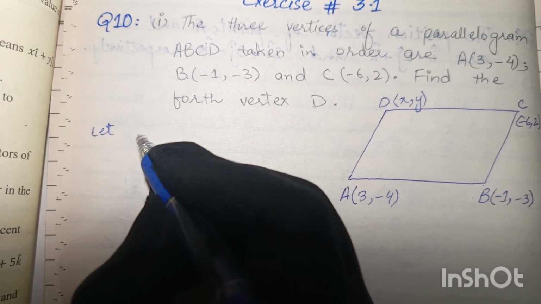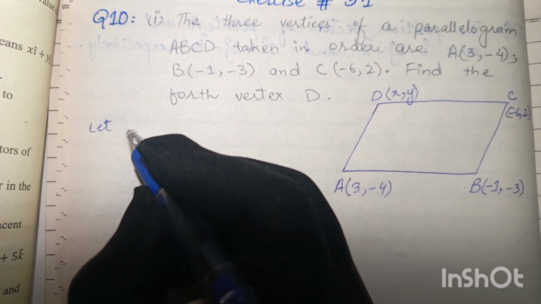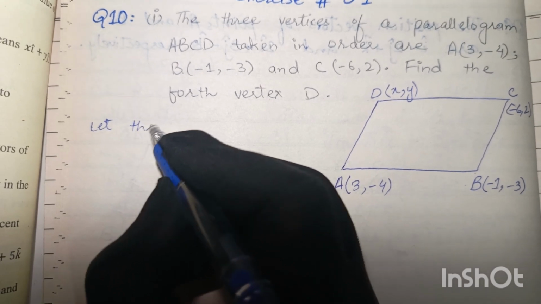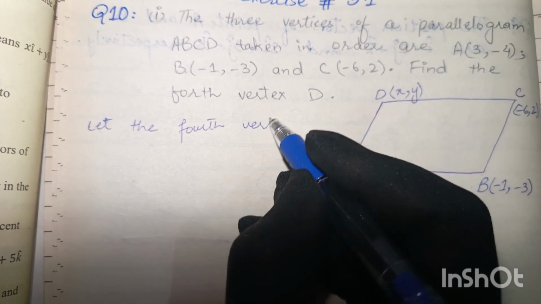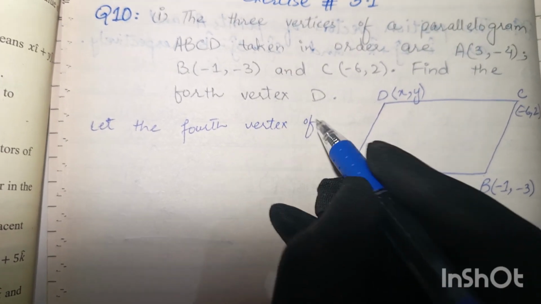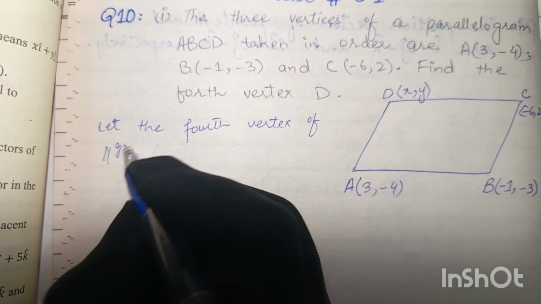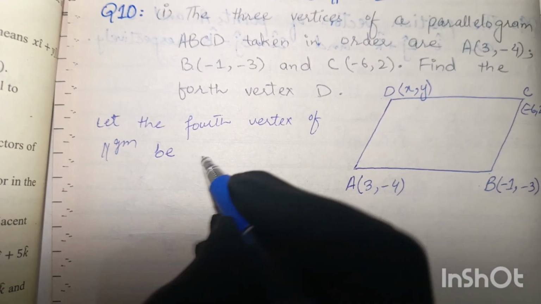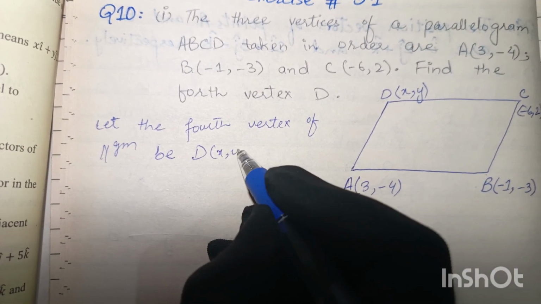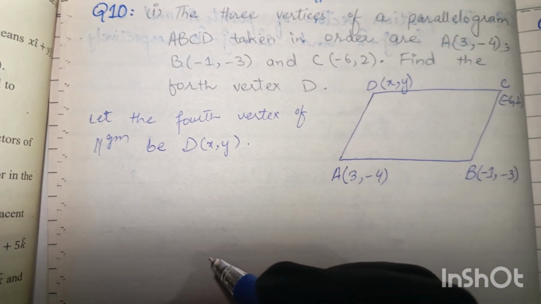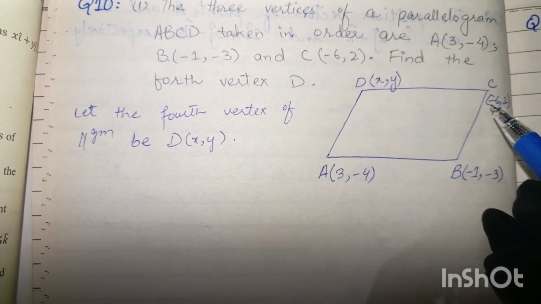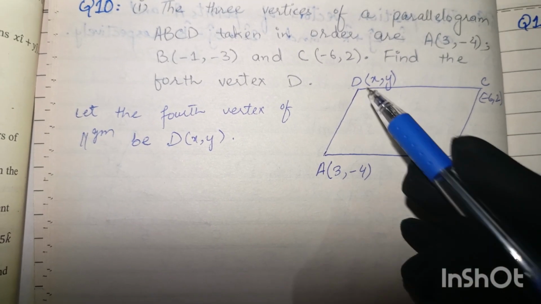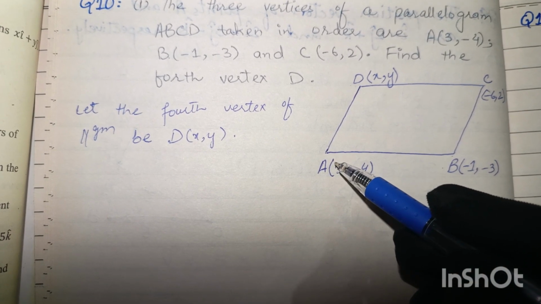Let the fourth vertex of the parallelogram be D(x, y). Now you already know that in a parallelogram the opposite sides are equal and parallel.